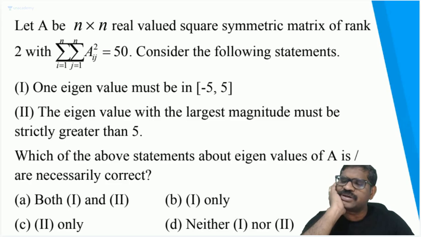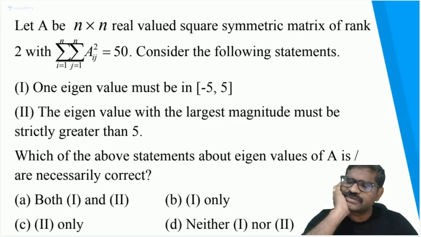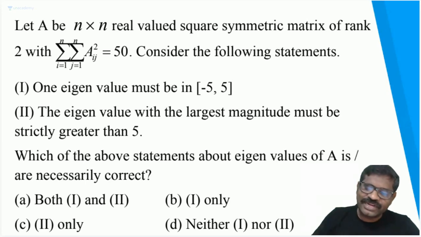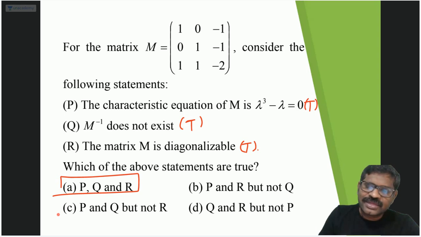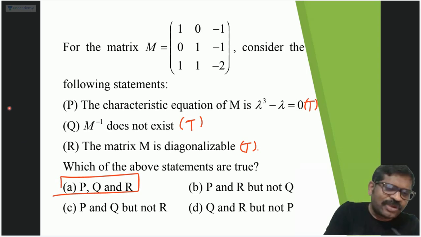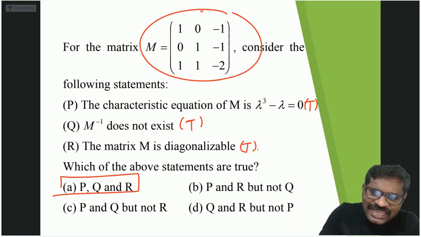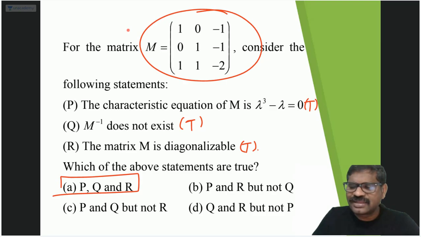You are in confusion. Clearly, I have explained 3 times, 4 times. If your matrix M is singular, you can't say that your matrix is not diagonalizable. There is no link between whether your matrix is singular or non-singular with diagonalization.